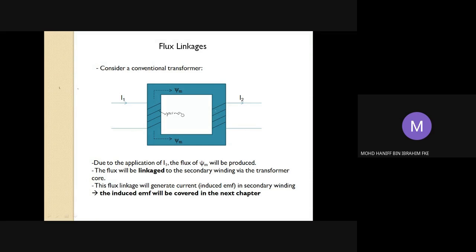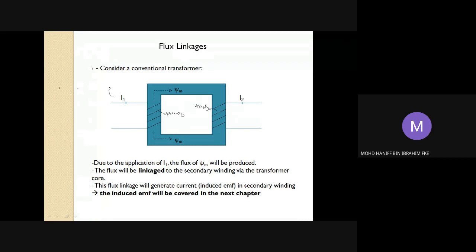Based on what we have learned in electrical circuits or electrical machines, the purpose of these windings is basically to produce the magnetic flux.